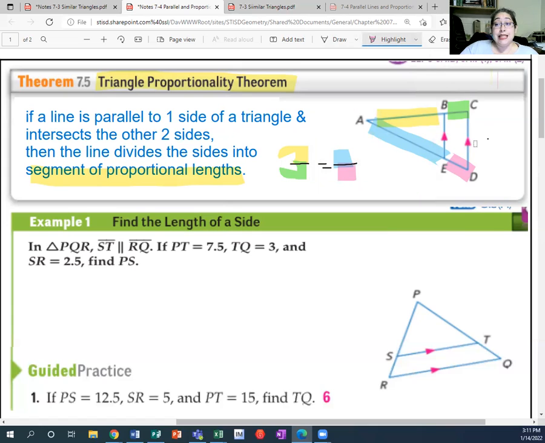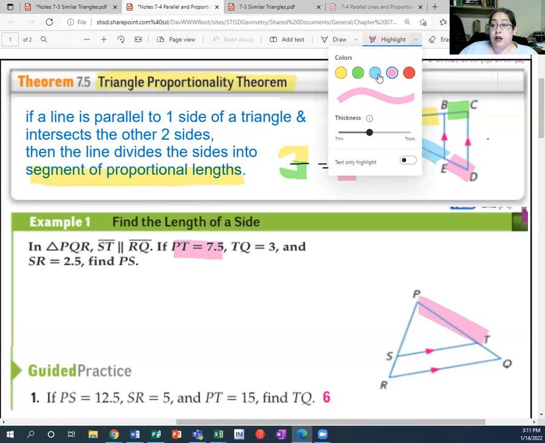Okay, let's use this idea to find the length of a side in here. All right, we're going to get some color going. I've got in triangle PQR, segment ST parallel to segment RQ. So that thing parallel to that thing, we've got to set up just like this theorem. So PT, they've given me some information on, so I'm going to highlight that in a color.